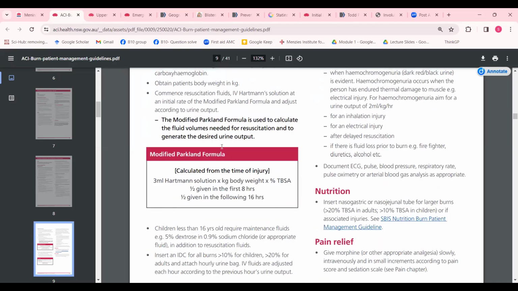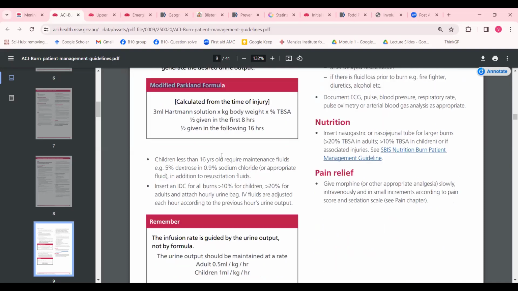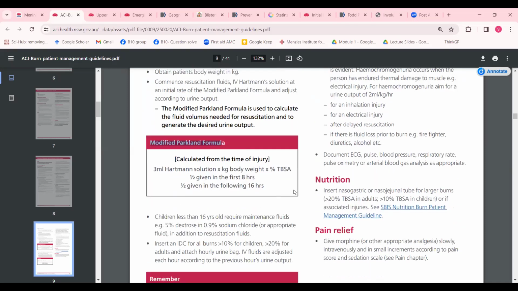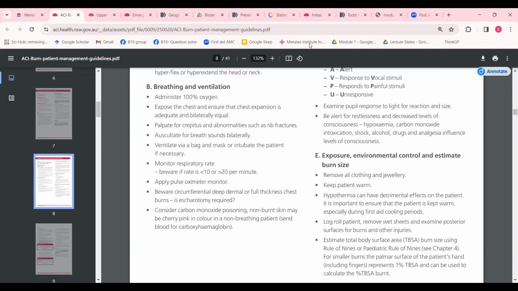For fluid, you use the Parkland formula, the modified Parkland formula. Please go through these in detail. Because of time constraints, I'm just rushing and scanning, because this is an MCQ class. Then you have nutrition and pain referral. Okay, so let's see.